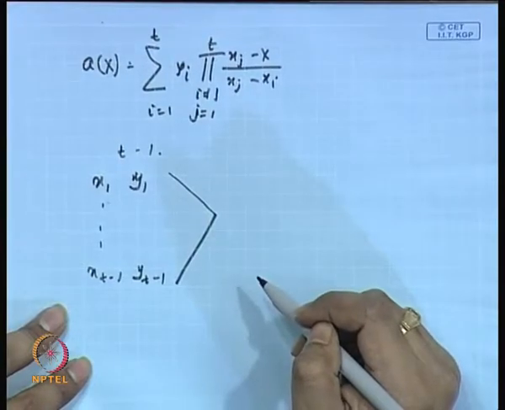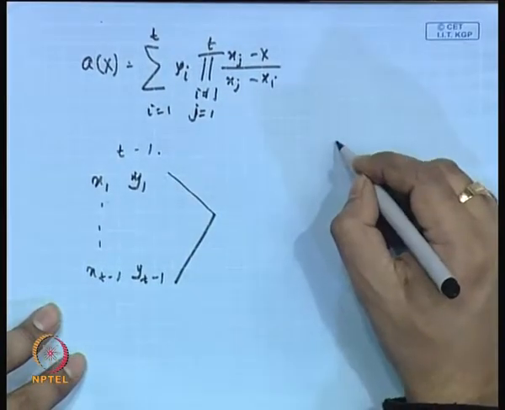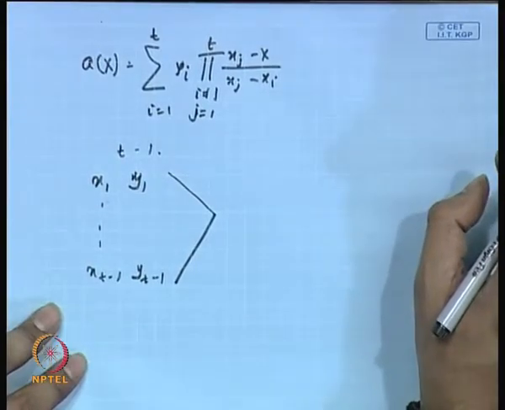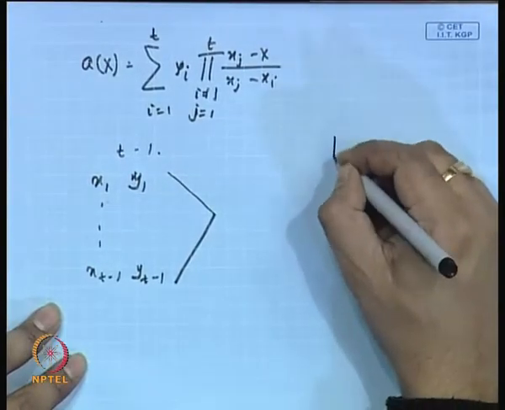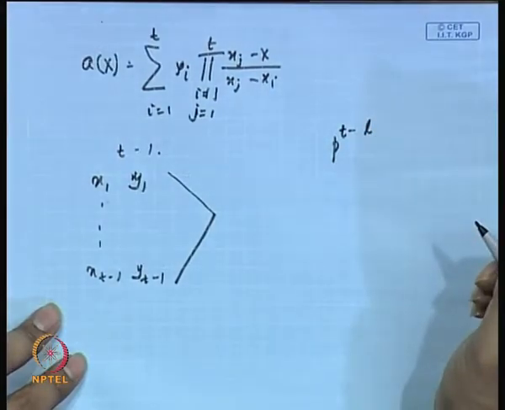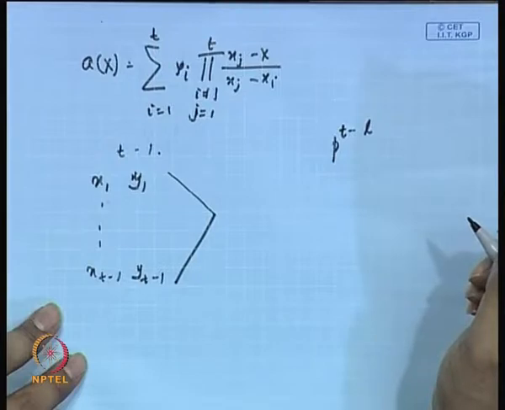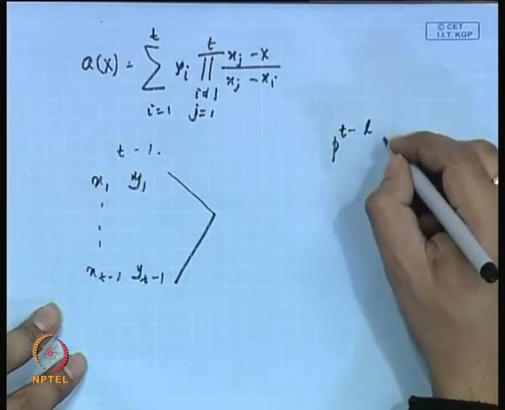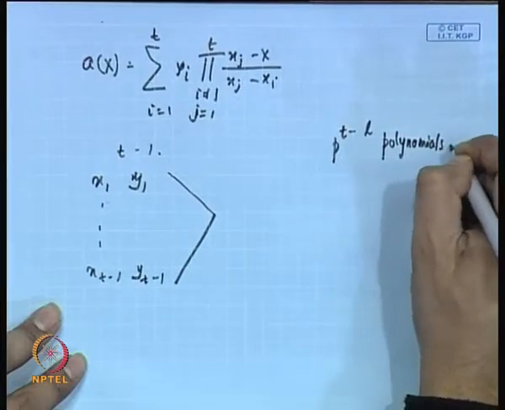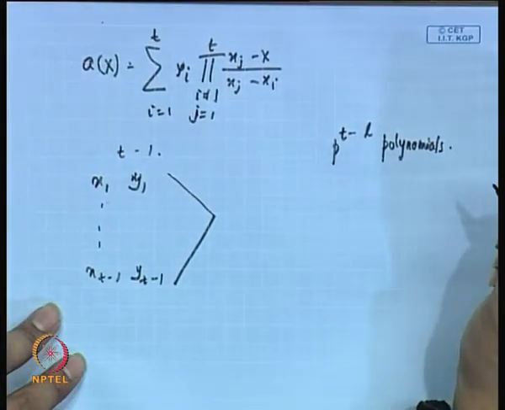You know that by lemma 1, if there were L such members, then the number of polynomials was given as p to the power of t minus L, that was the first lemma. So, there were p to the power t minus L polynomials which were possible, right.